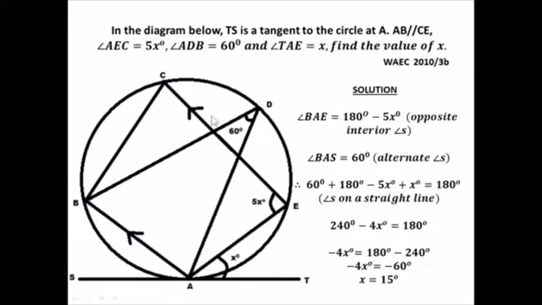And angle ADB, A, then D, then B, this angle here is 60 degrees. You have to calculate angle TAE, angle TA, then E. This angle marked X is what you have to find. So we are given angle TAE as X degrees, and we have to find the value of X.